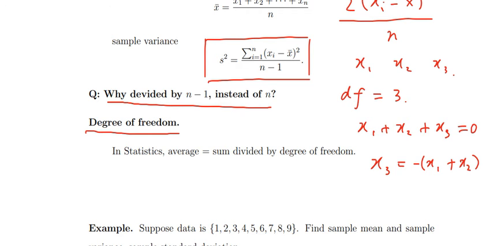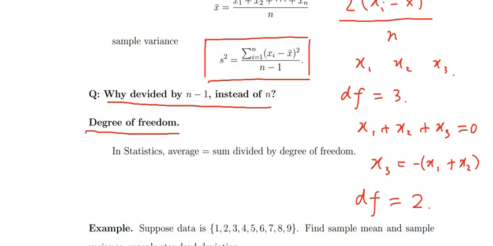In this case, for those three numbers, the degree of freedom equals 2, right? So you understand what the degree of freedom is, right?